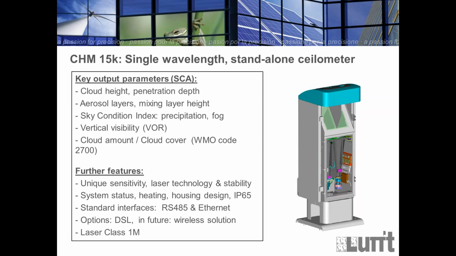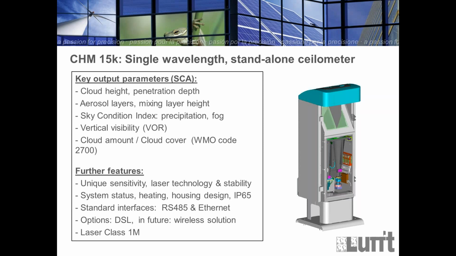Maybe these are technical differences between instrument classes, but the cloud height or cloud base delivery is at least a core feature. For more modern instruments, they also deliver the aerosol layers and a vertical visibility value.